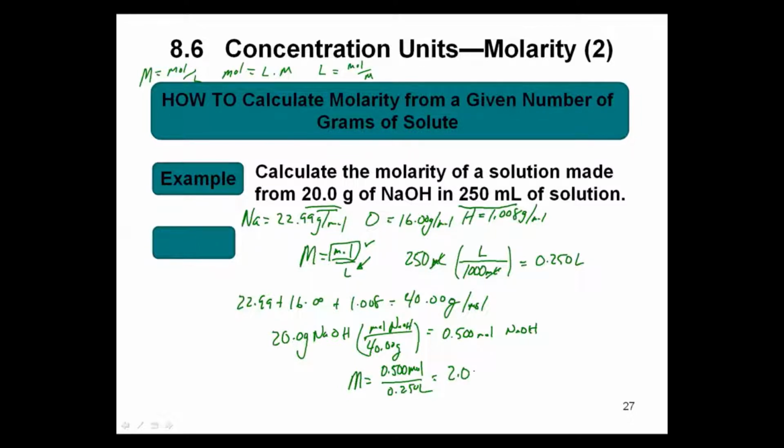And now in terms of the units, you can leave it as moles per liter if you like, or you can just go 2 and write the big M. So either way is perfectly fine. Again, the units don't cancel, but the big M does stand for moles over liters, so you can leave it whichever way you want. The number always stays with the moles part, and it's always 1 liter, usually on the bottom. Question on that calculation? Any parts of it?